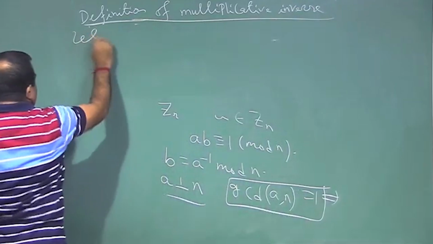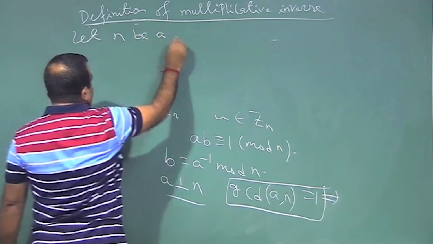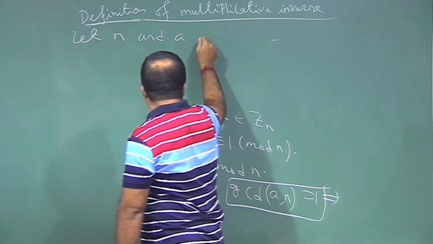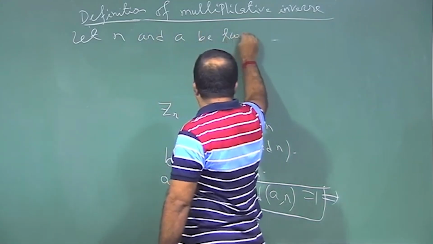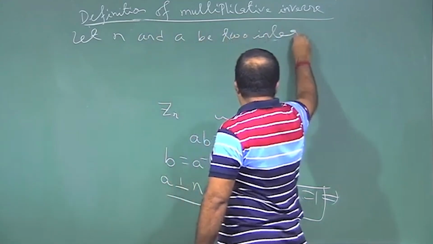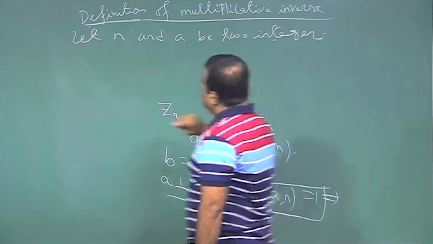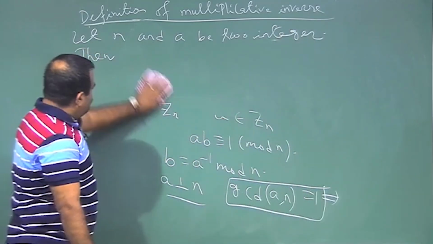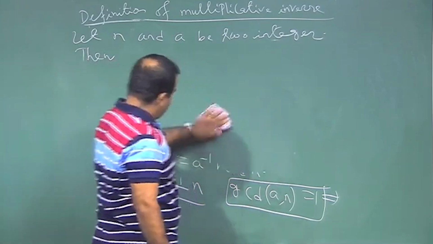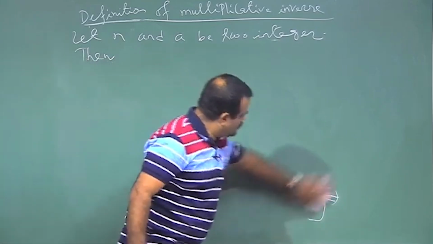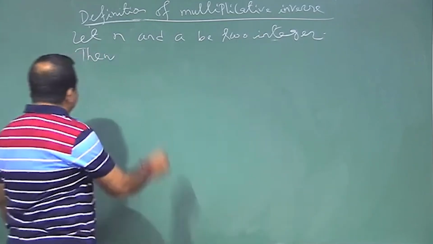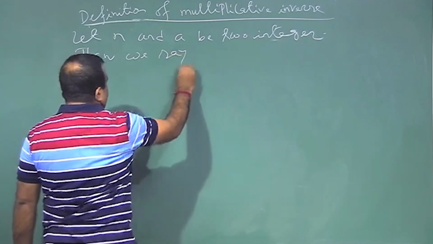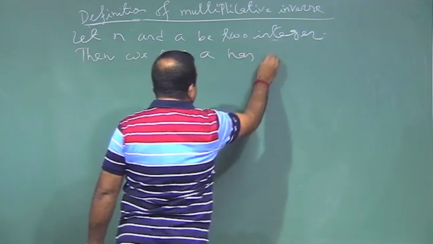So, let n and A be two integers, then we say A has an inverse.